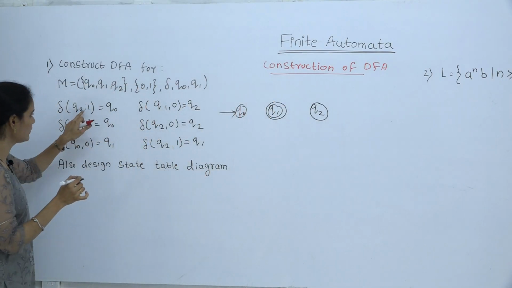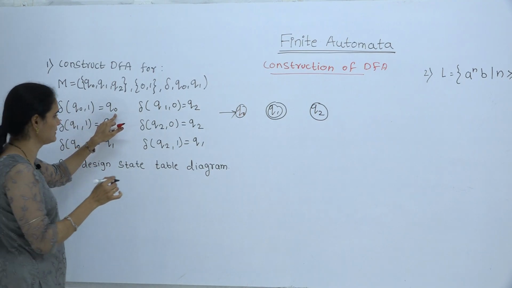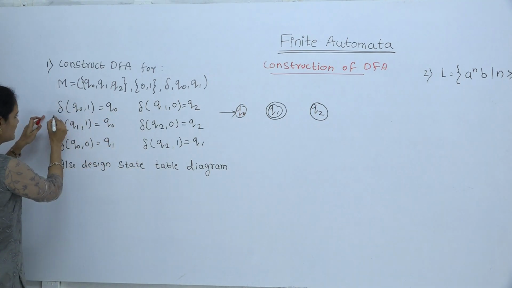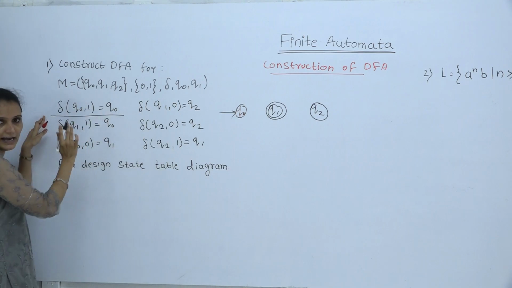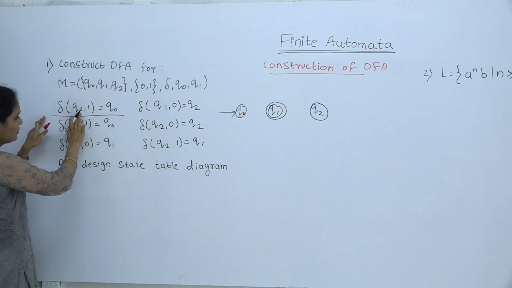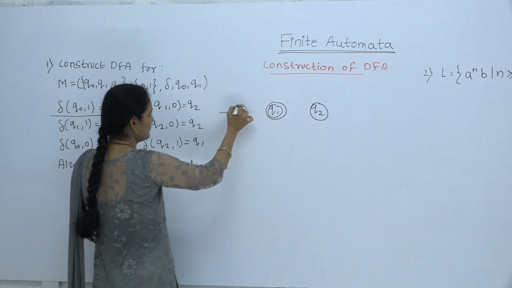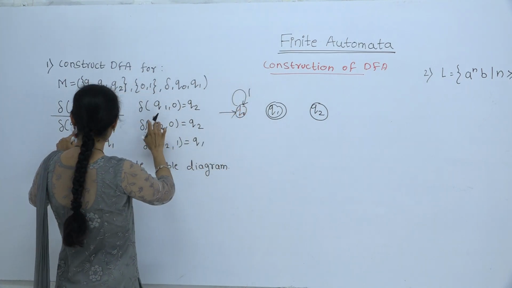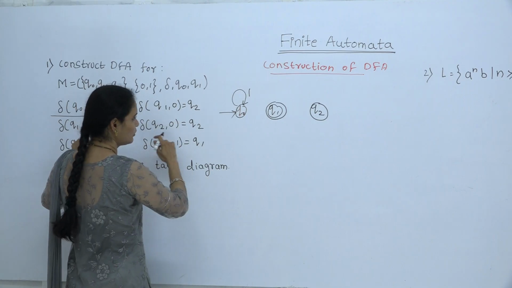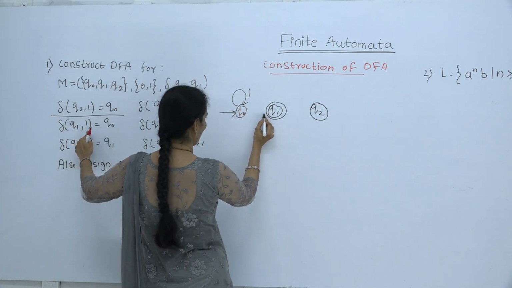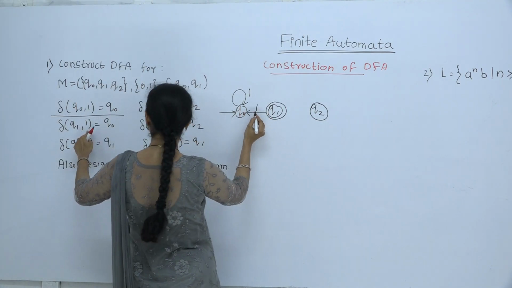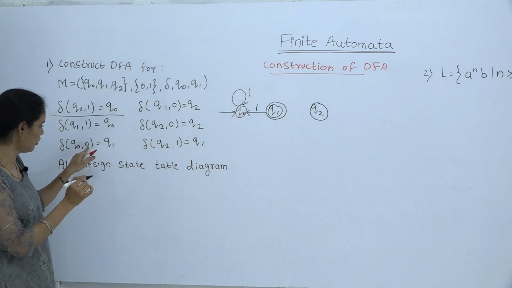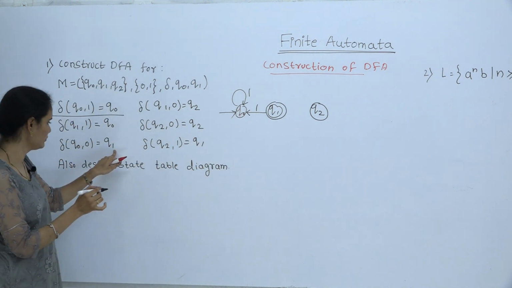Then q0 on 1 it goes to q0. See here students, that is the transition function. Directly they have explained q0 on input 1 it goes to q0. Then q1 on input 1 it goes to q0. q0 on input 0 it goes to q1.